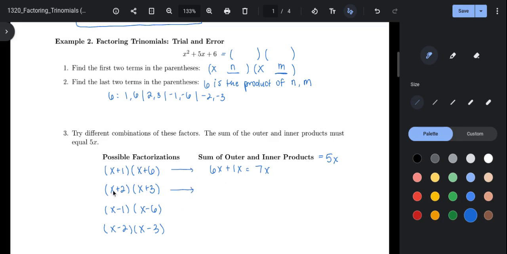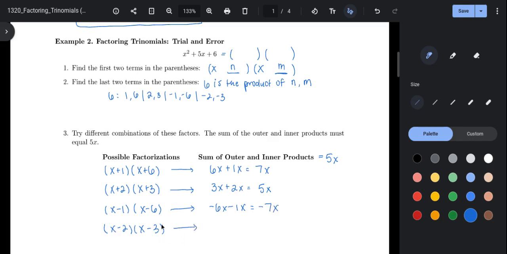The next one, our outer product is x times 3, which is 3x. Our inner product is 2 times x, which is +2x. Adding those together, we get 5x. Next, we have x times -6, which is a -6x. -1 times x, which is a -1x. Adding those two together, we get a -7x.